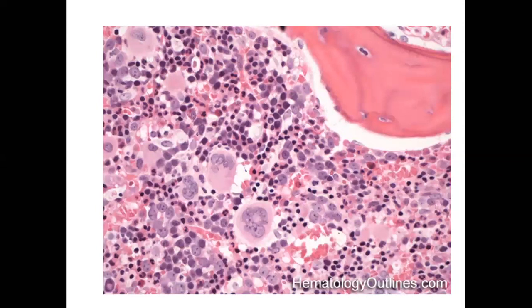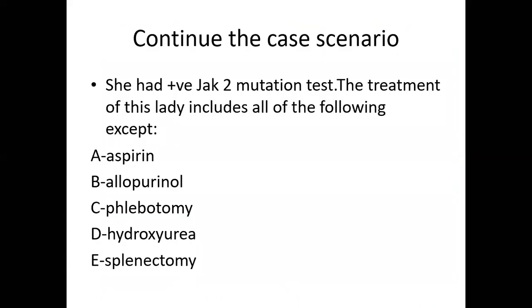And this is a bone marrow biopsy of a patient with polycythemia vera. You see that the bone marrow is hypercellular, and we can also see many megakaryocytes. They are increased in number in these sections.